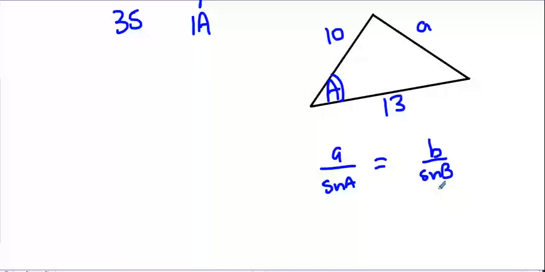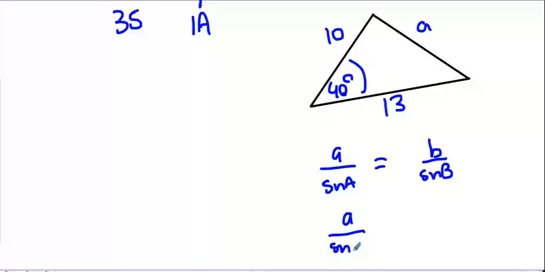What do you think? Why? So at the moment you haven't got enough angles here. So for argument's sake, I'm going to turn this into a 40 degrees. You cool with that?